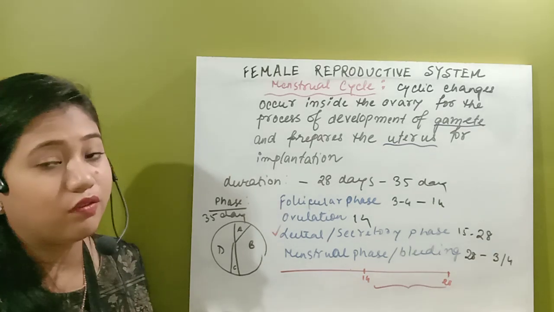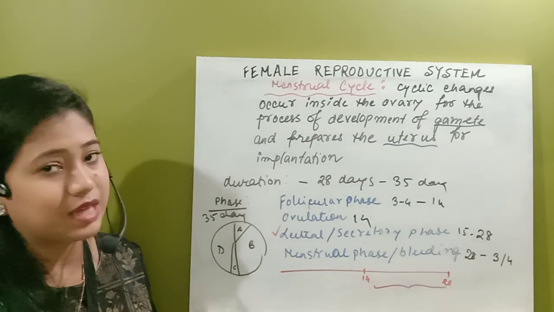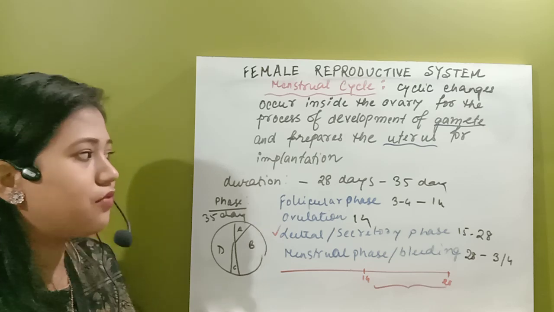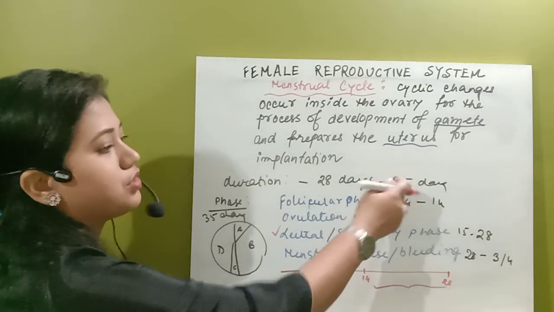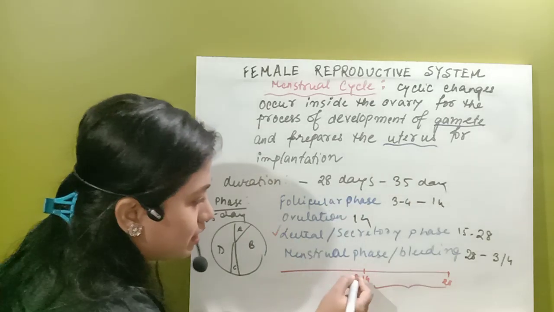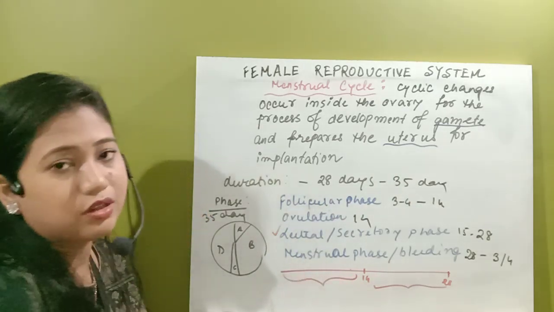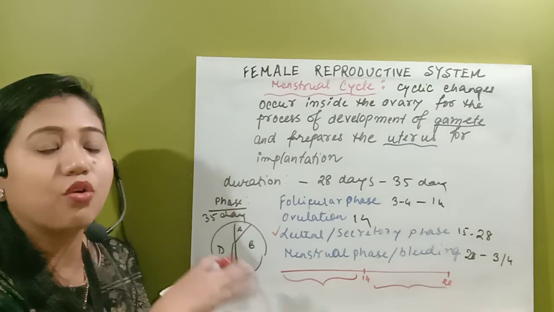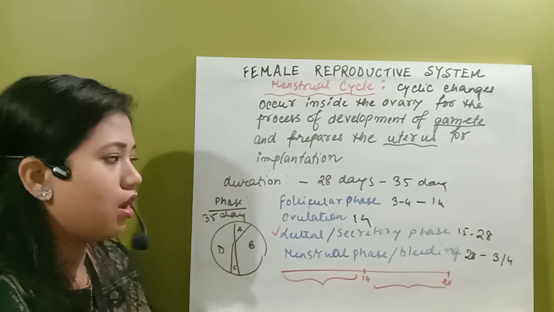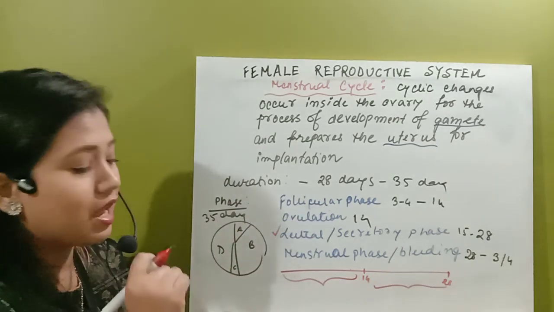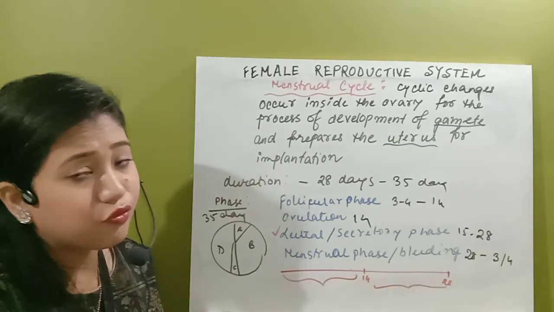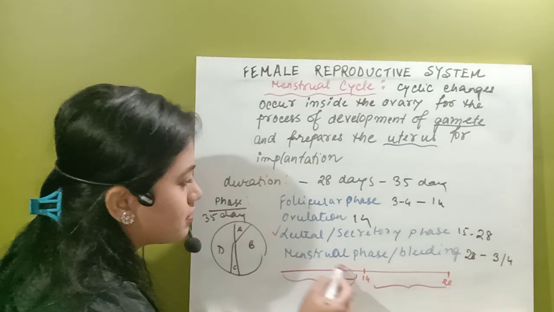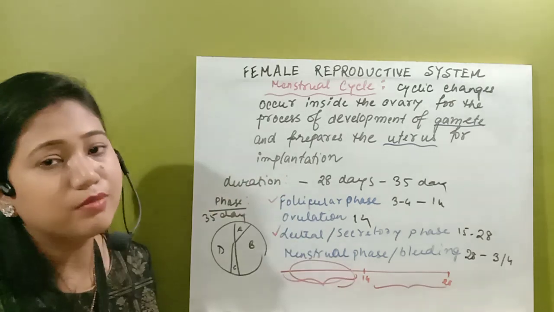It will always be 14 days. If the menstrual cycle is longer, 35 days, then the follicular phase will increase. And if the whole cycle is 21 days, the secretory phase will still be the same 14 days, just the follicular phase will become shorter.